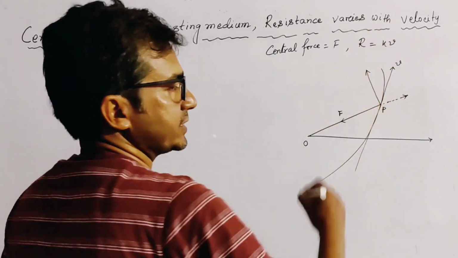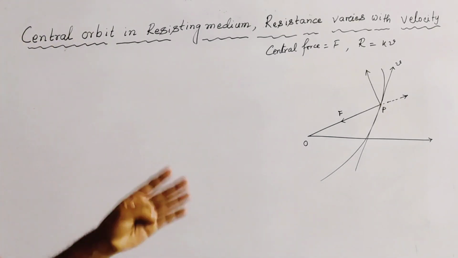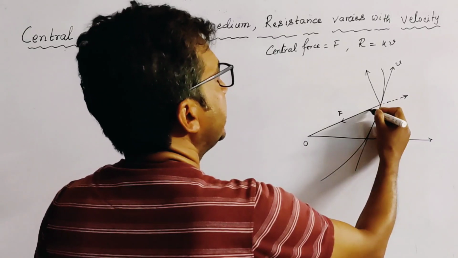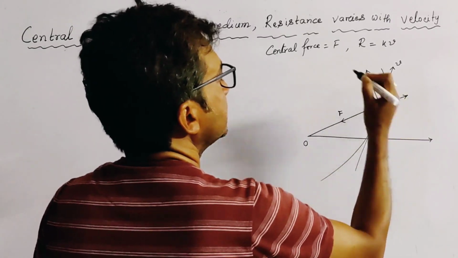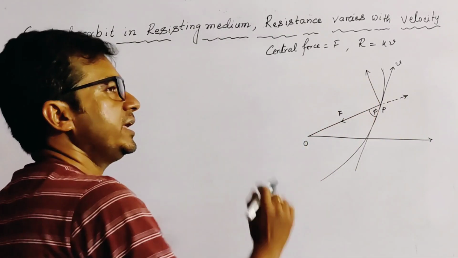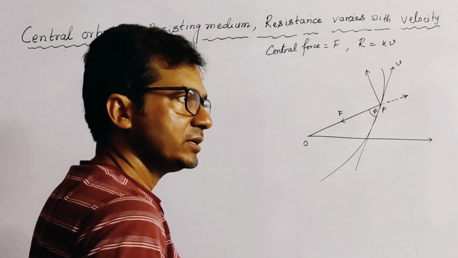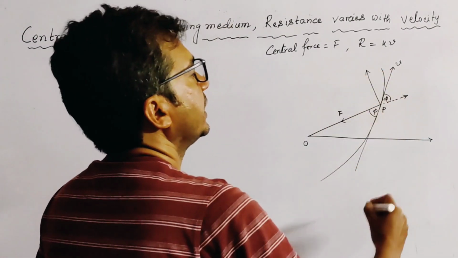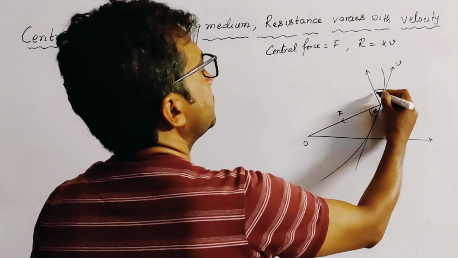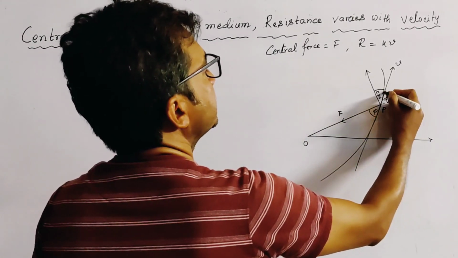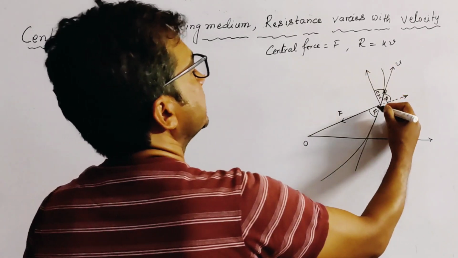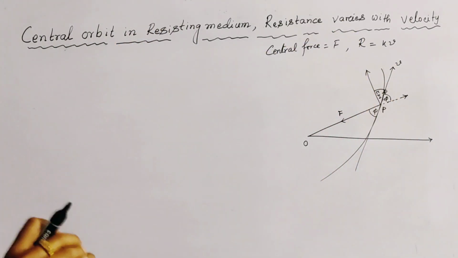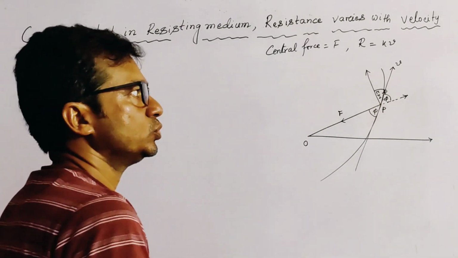Let the angle between the tangent and the radius vector be phi. So this is phi, and this is pi by 2 minus phi, because this is radial and this is cross radial, so this angle is pi by 2.